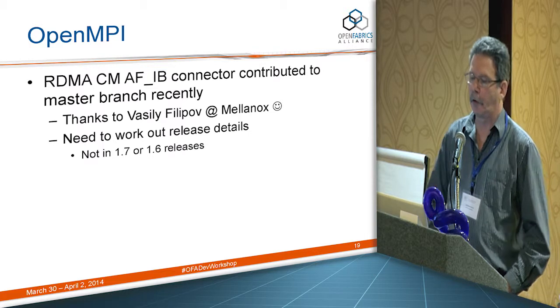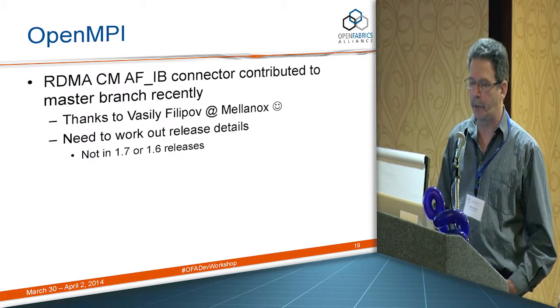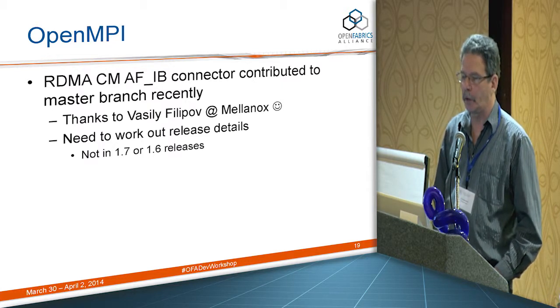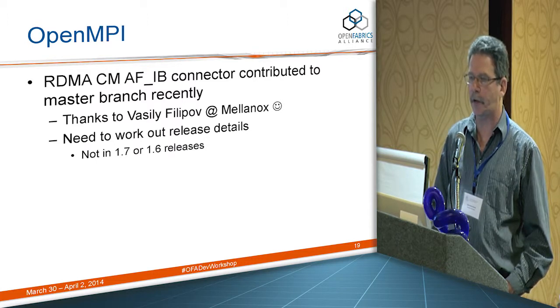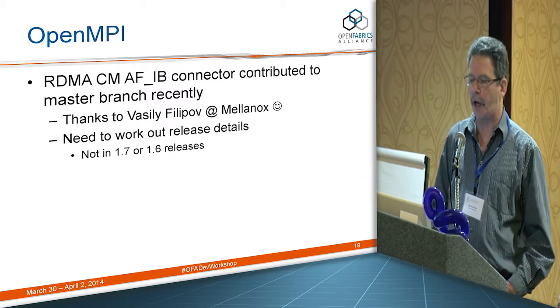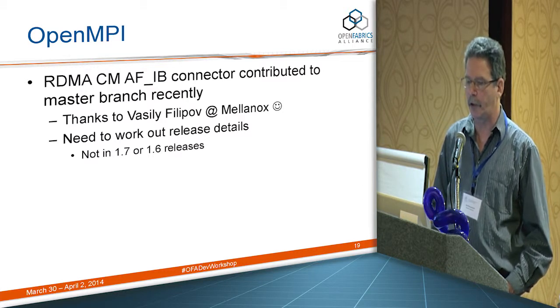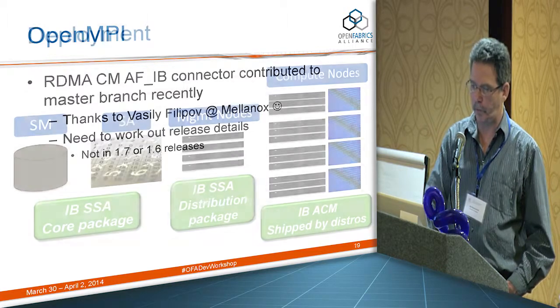It's in its early days, but OpenMPI now has it: you can run with the RDMA CM connector and build it for AFIB support and use SSA to make your connections. So it uses the scheme.